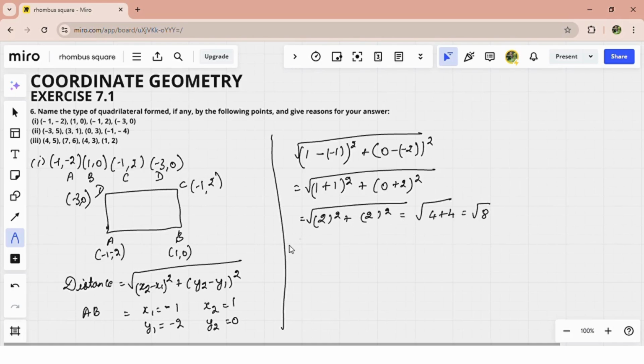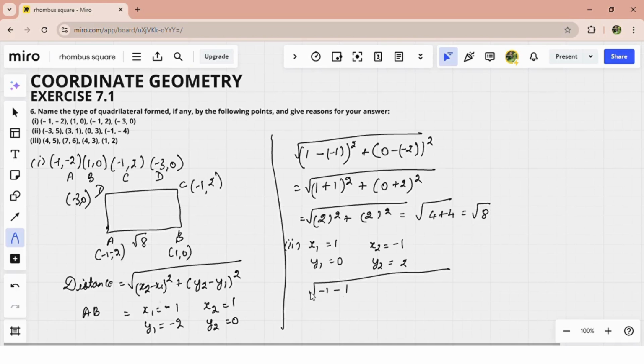AB is root 8. Now BC. Again, x1 equals 1 and y1 equals 0, x2 equals -1, y2 equals 2. Now I'm going to substitute in this formula. What is x2? x2 is -1. And what is x1? x1 is 1.